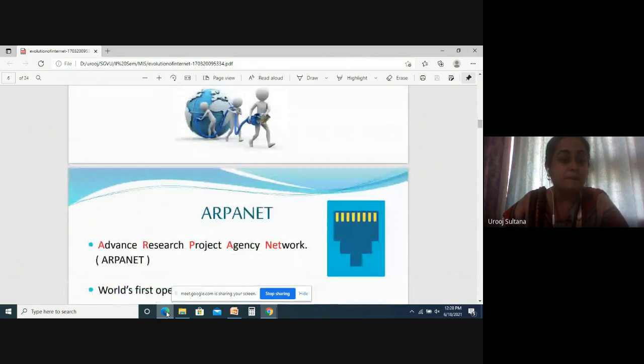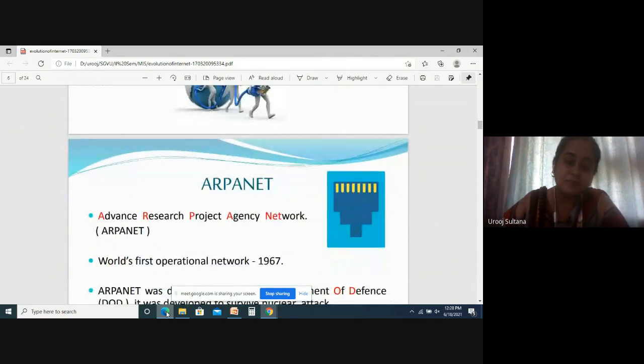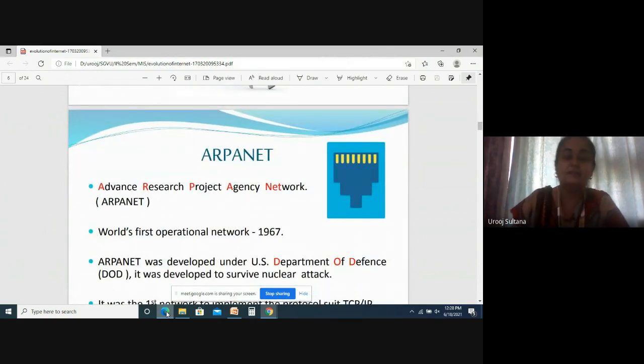So now, what is ARPANET? This has also been discussed. That is Advanced Research Project Agency Network, that is ARPANET, the world's first operational network. That was in 1967. ARPANET basically connected mainframe computers to communicate or to transfer files.